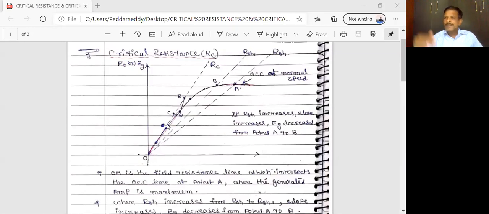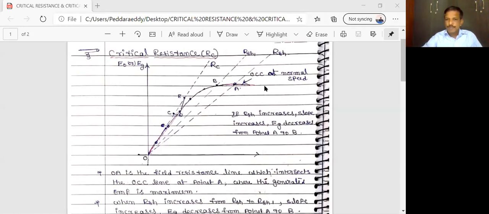Here it increases more than the previous value. Coming to here, the EMF again increases. When flux increases, flux cut increases. When flux cut increases, EMF increases. So this cumulative action increments the EMF up to rated value.